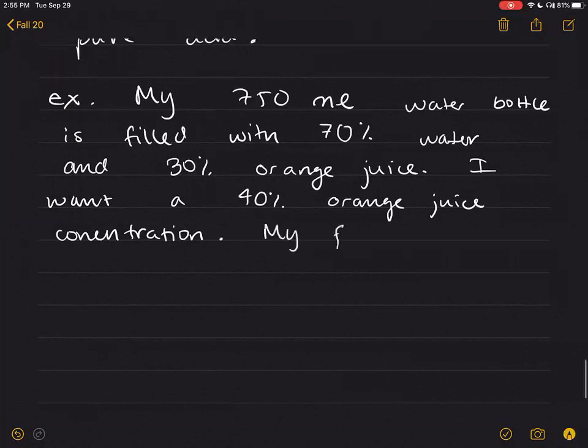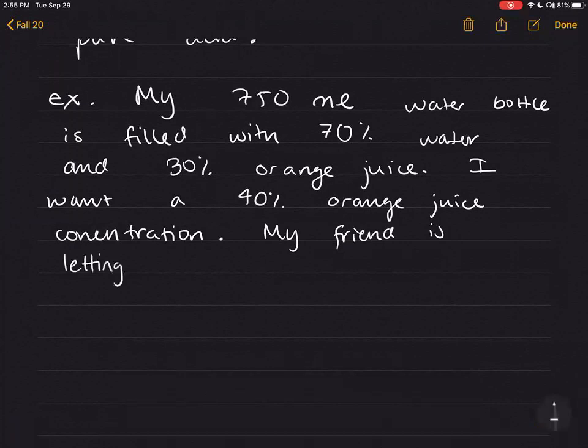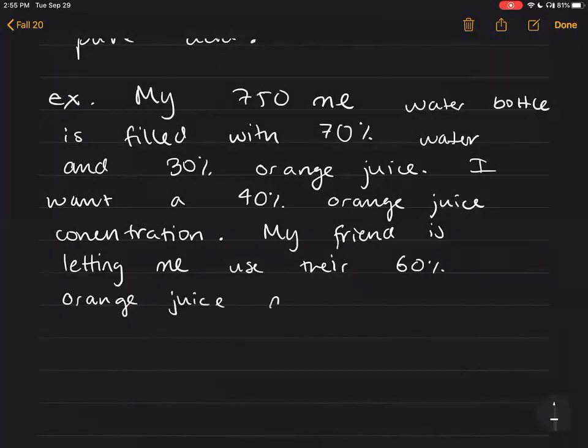My friend is letting me use their 60% orange juice mixture.